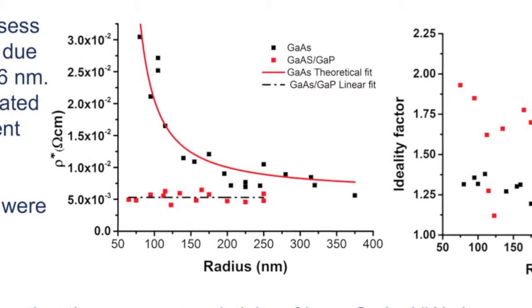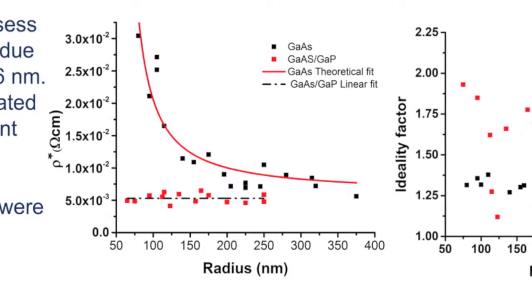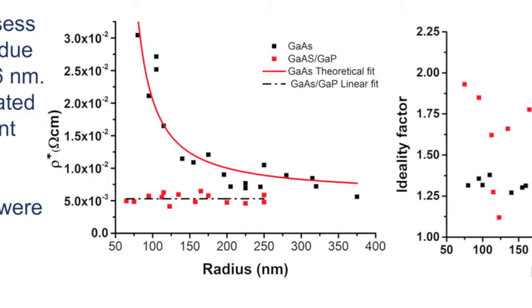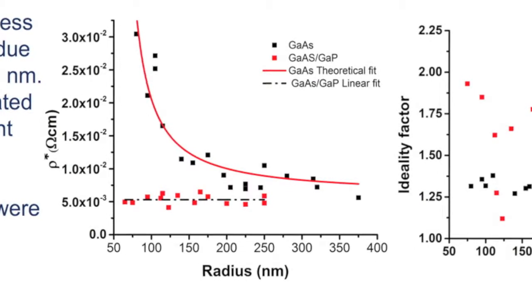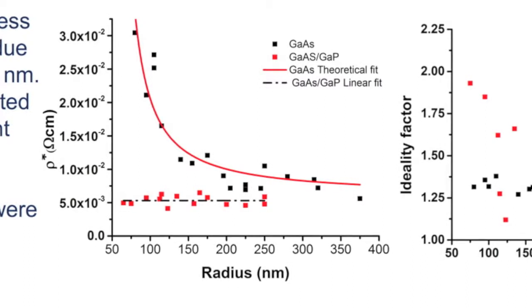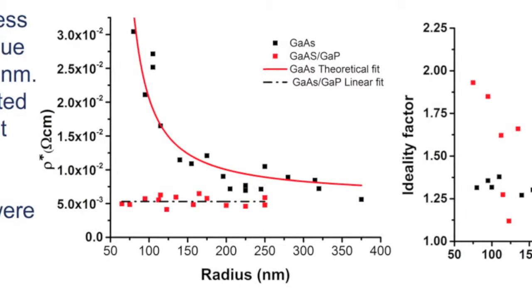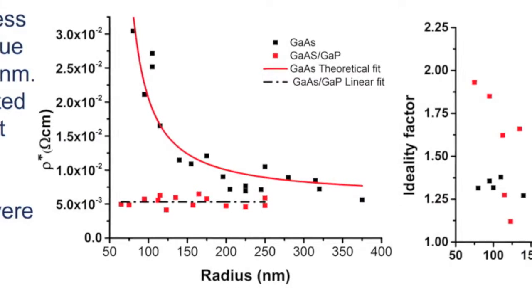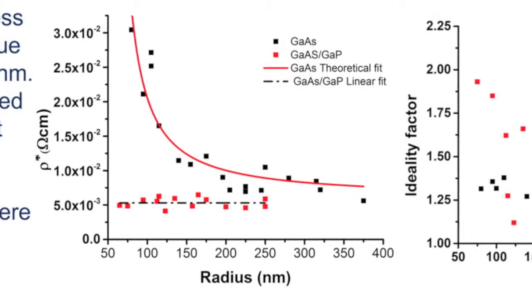And that's because of the surface states, which results in surface depletion. But when we passivate the gallium arsenide with gallium phosphide shell, the resistivity remains almost constant at all diameters of nanowires. That proves the surface state density has been reduced.